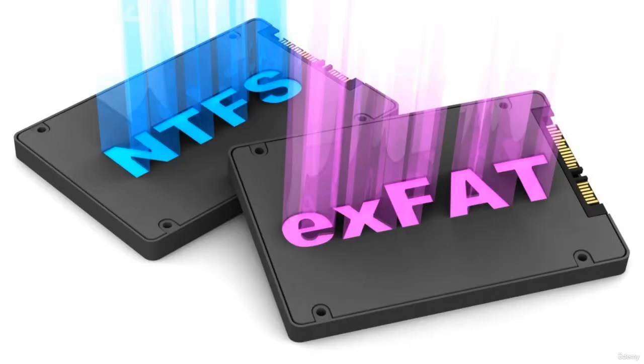So exFAT was designed as an evolution of FAT32, so it's going to be the newest of the three file systems. It retains the positive characteristics of FAT32, a lightweight, more flexible file allocation system, while overcoming some of the limitations.